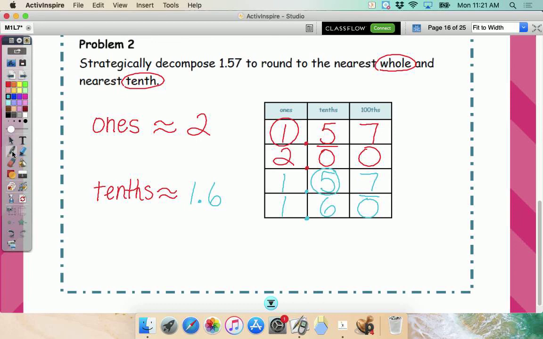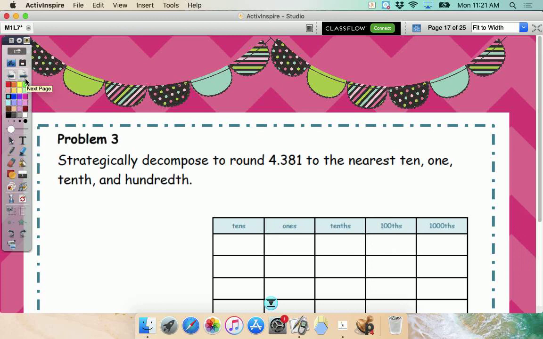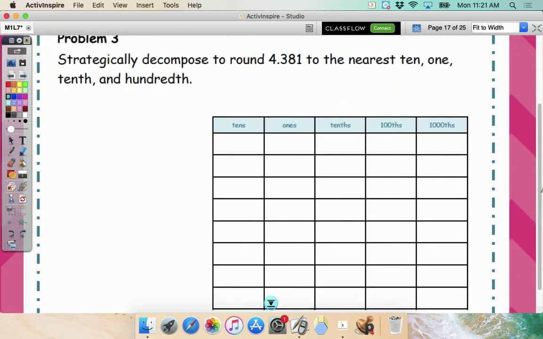So now I'm going to go to the next problem. I think it's problem 3. Let's take a look at it. You might have to flip your paper over. Okay, so this is 4.381. And we're going to round to the nearest 10, 1, tenths, and hundredths.